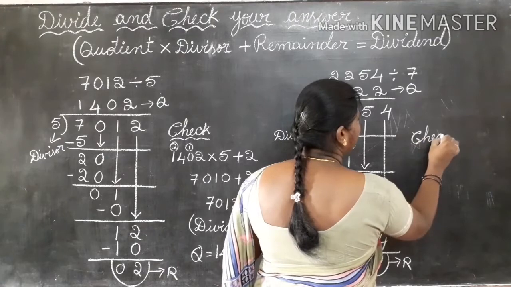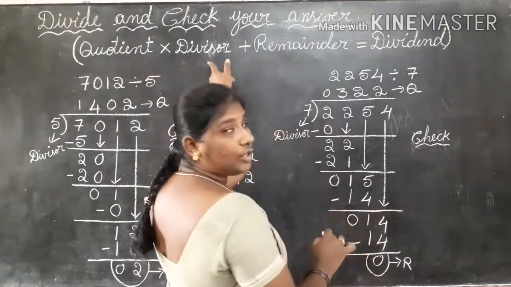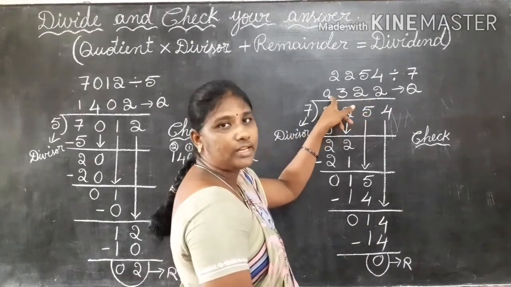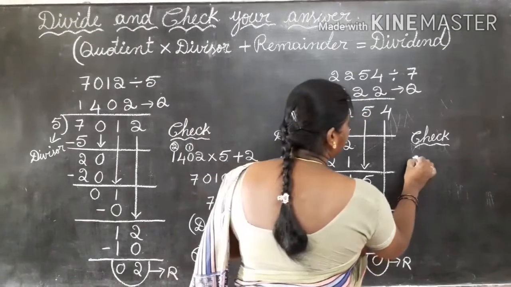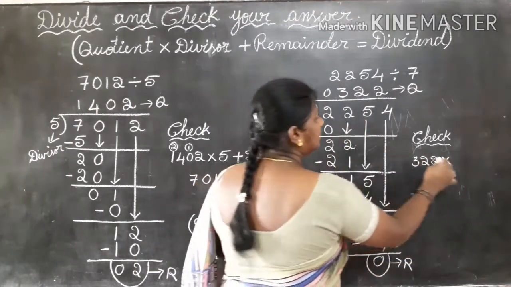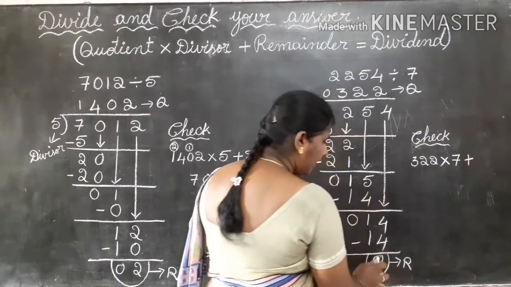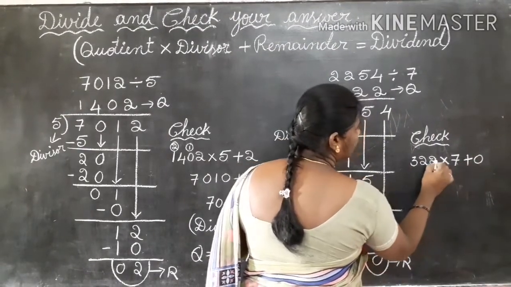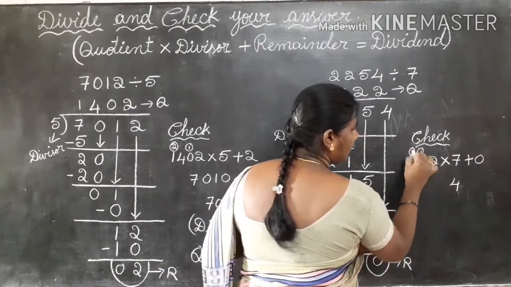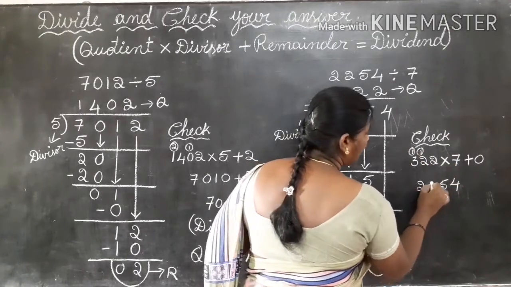Here we have to do the check for this. What is the check for this? Quotient into divisor. What is the quotient? 322. Before 0 there is no value. So 322 into divisor 7 plus remainder 0. 7 twos are 14. 7 twos are 14 plus 1, 15. 7 threes are 21 plus 1, 22.